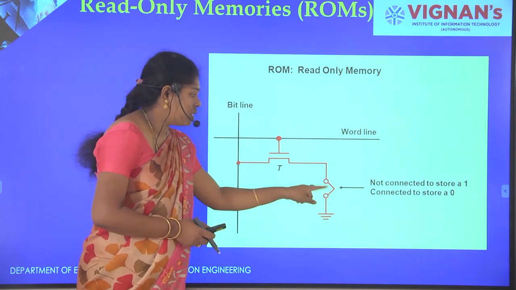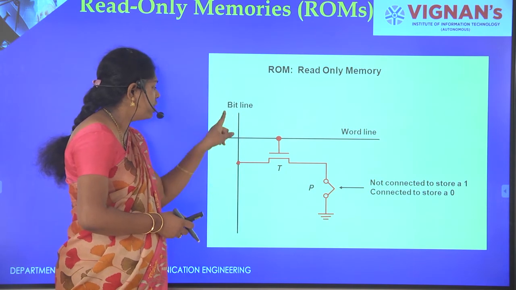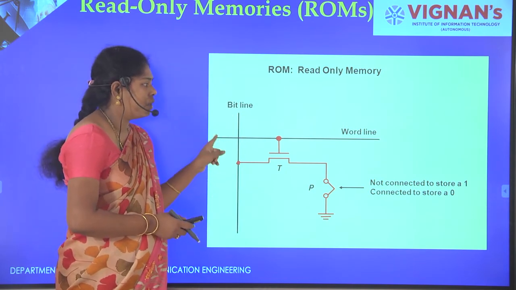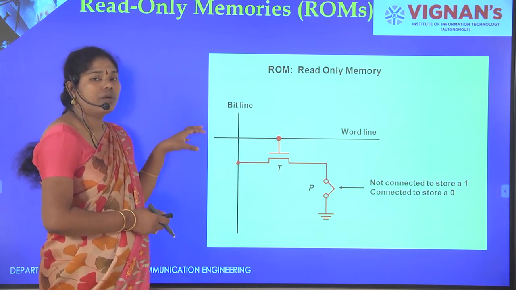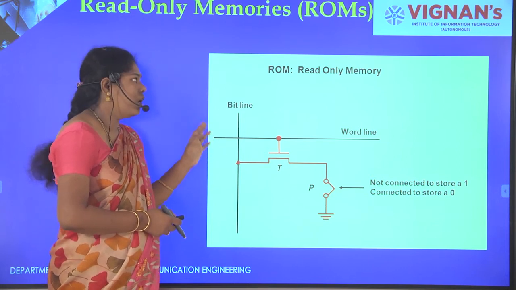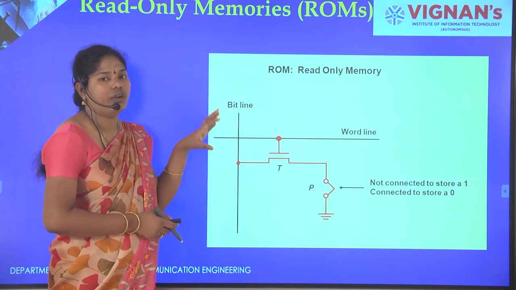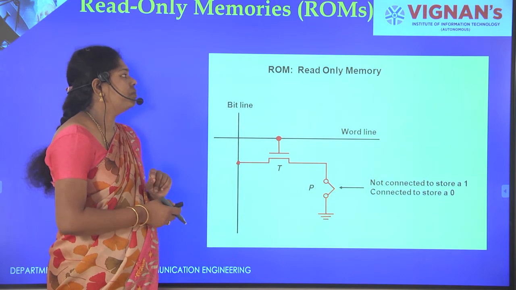If the fuse is not connected, it is not connected to ground, so the corresponding bit line will be VCC, that is logic 1. This is read only memory; it is constructed and the data is stored at the time of manufacturing only. The user can read the data from this memory, but cannot write data in it.